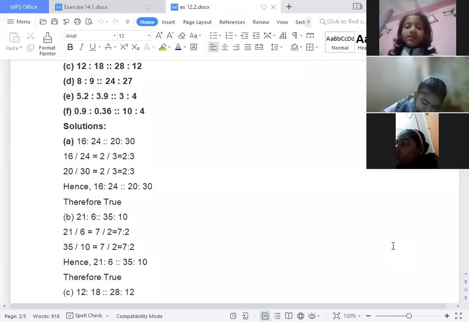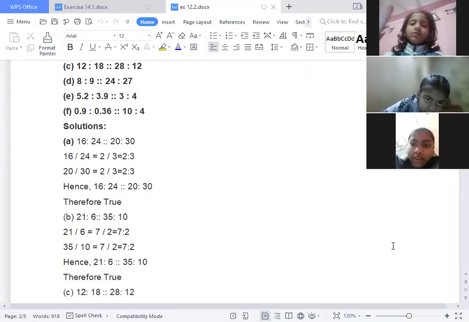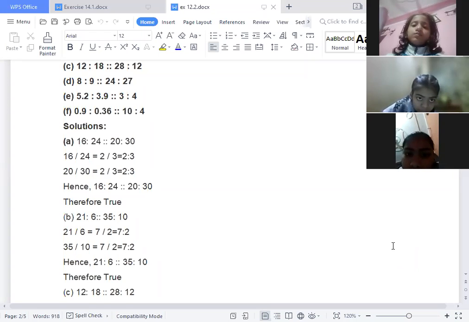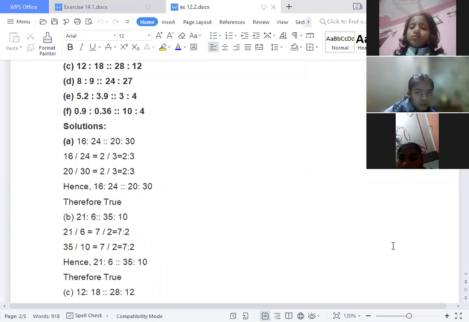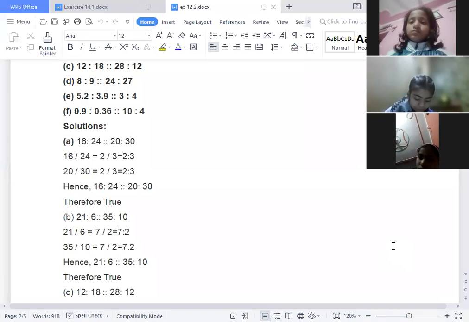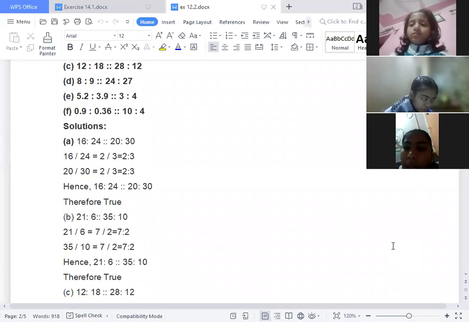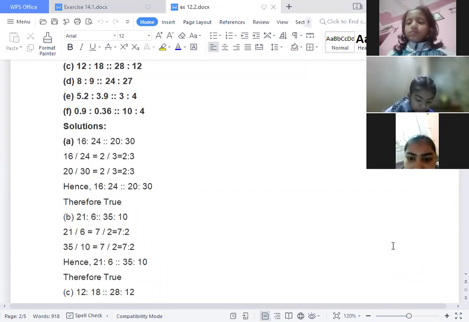Yes, Kanishka. Tell me the next one. 8 ratio 9 goes in any table? 8 and 9 go in any of the tables? In the same table? Kanishka Singh, unmute yourself.